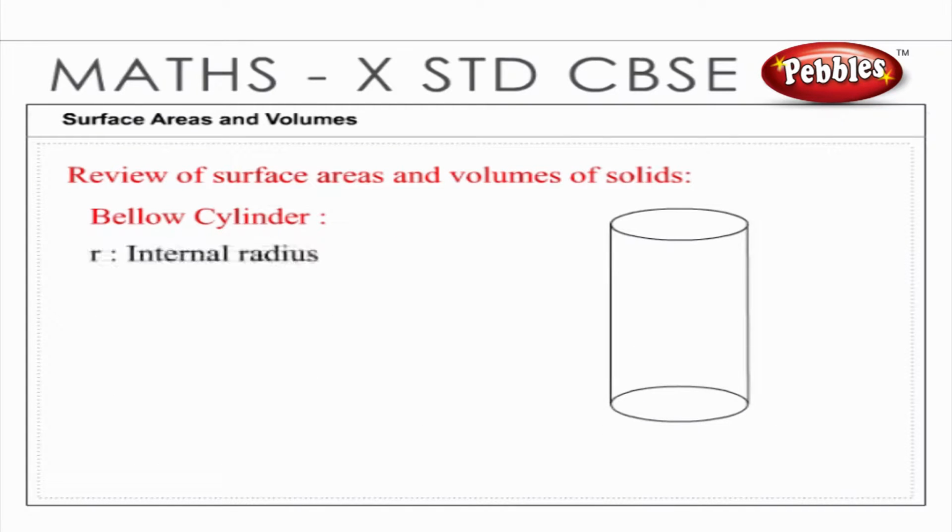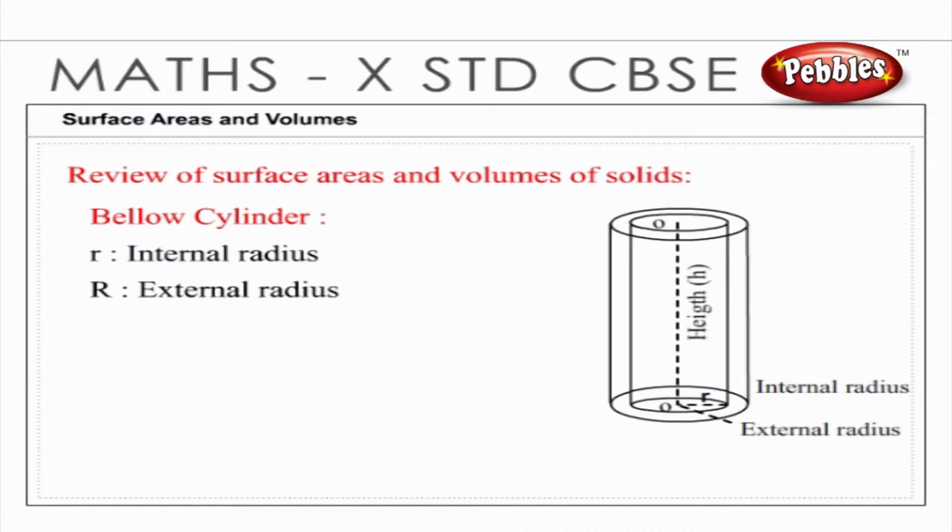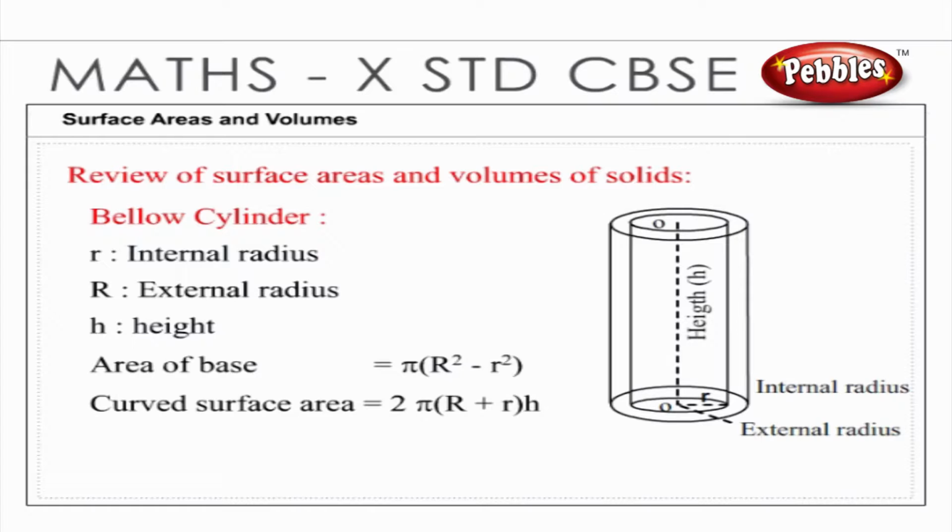Hollow cylinder. r, internal radius, capital R, external radius, h, height. Area of base is equal to pi into (capital R squared minus lower r squared). Curved surface area is equal to 2 pi into (capital R plus lower r) into h.